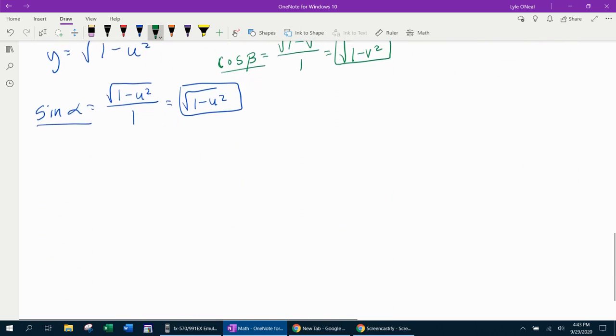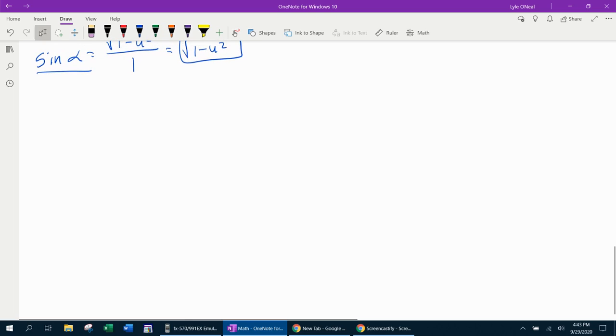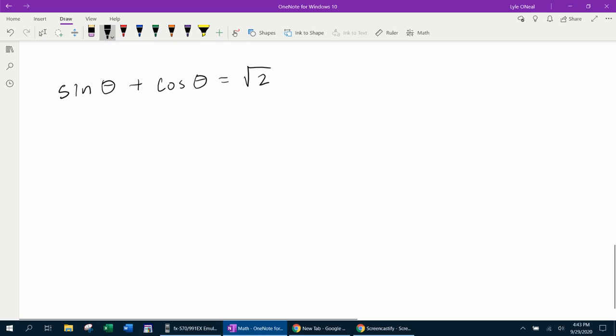And for my last example for this section, we're going to look at solving a trigonometric equation in terms of sine and cosine. And so let's say that we have this equation.